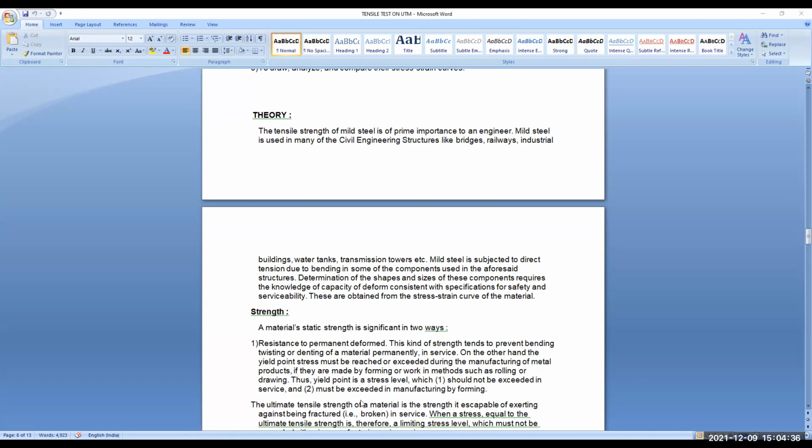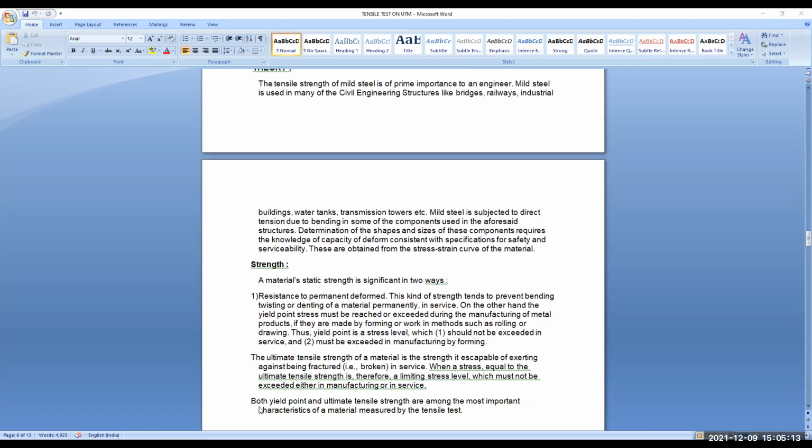And in the case of manufacturing items, by drawing, by rolling or other processes, we have to load the component up to the yield point, so that the deformation remains there as part of the product itself. So the yield point should not be exceeded in service and must be exceeded in manufacturing by forming.